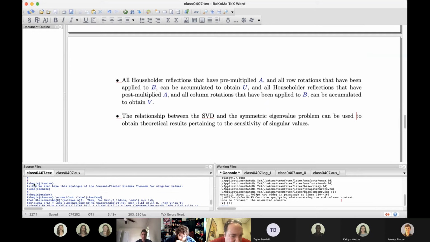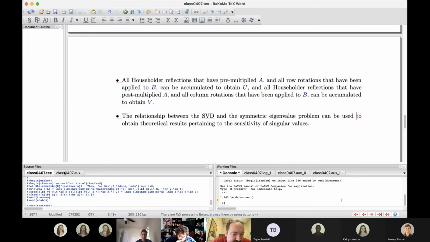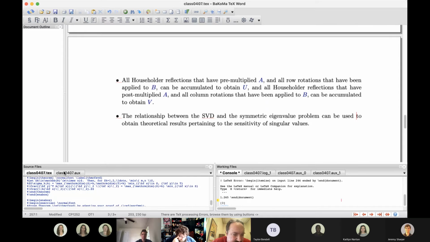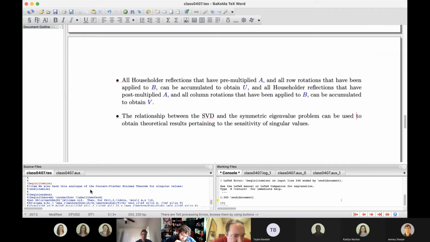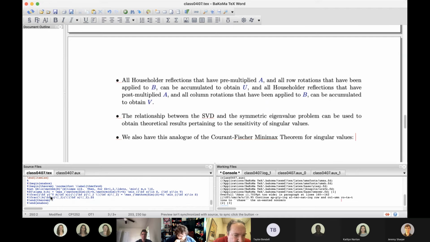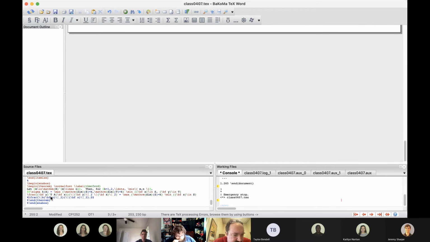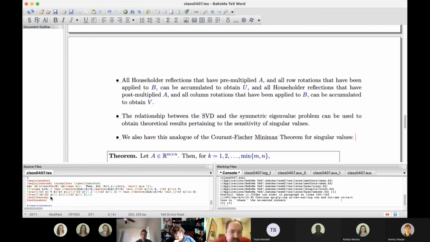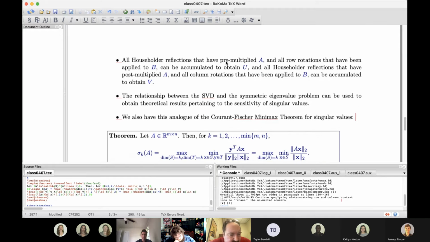But one result that I do want to state: for the symmetric eigenvalue problem, we have the Courant-Fischer Minimax theorem, and we have a similar result for singular values.